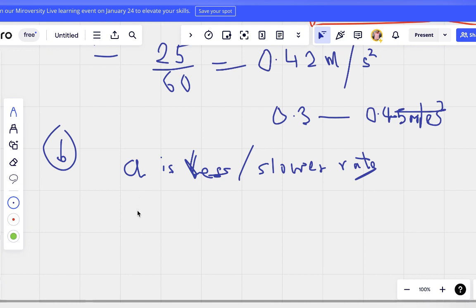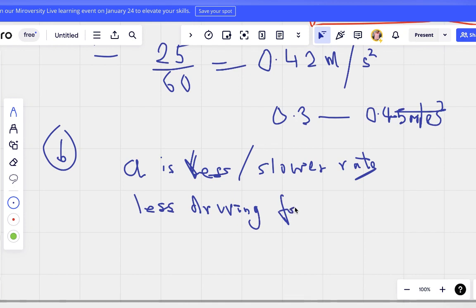Because the acceleration is getting less, you also use less force. At time t equal to 100 seconds, the driving force will reduce. This is logic based on the question. So we say less driving force.